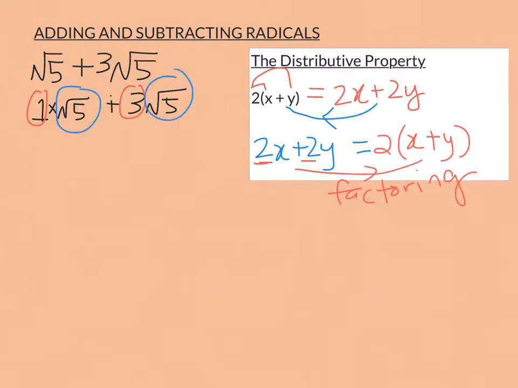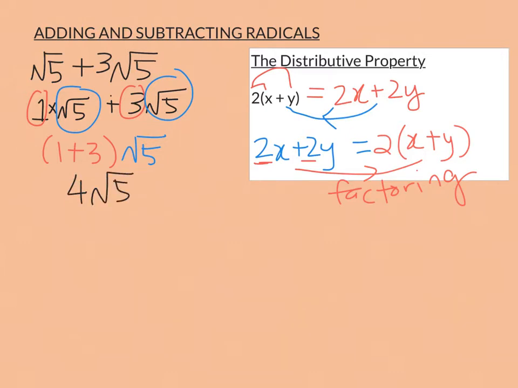So there is a common factor here, square root of 5, that we can factor out. And we're left with the numerical factor 1 plus 3, and we can rewrite it as 4 root 5.